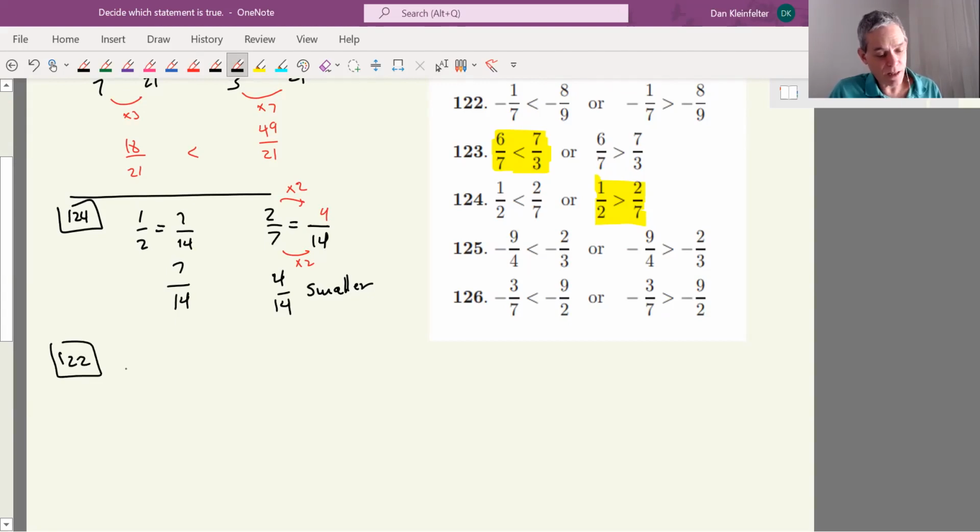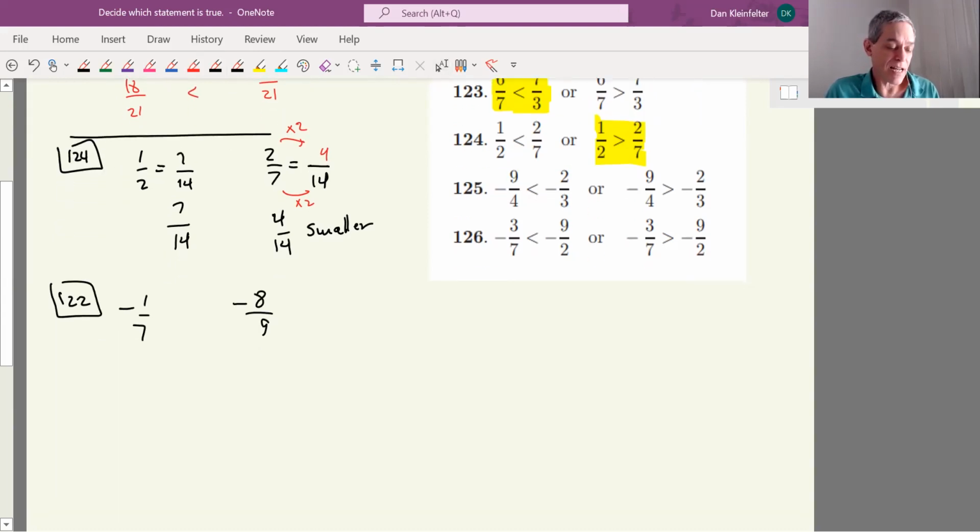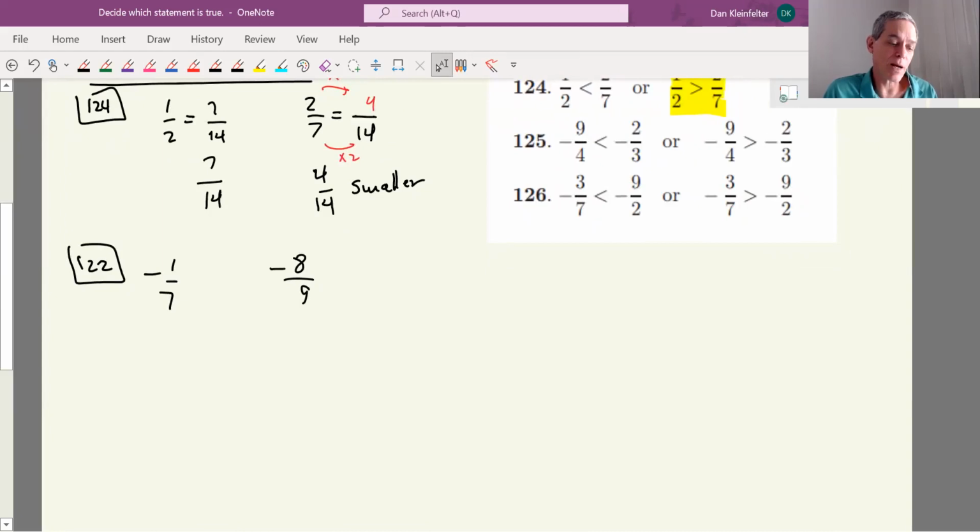122 is interesting because the two fractions are negative. We have -1/7 and -8/9 we are comparing. So disregarding for the moment the fact that they're negative, we need a new denominator for both of those. So a number that both 7 and 9 divide into will be 63. So we're going to build up both of these fractions so that they have denominators of 63.